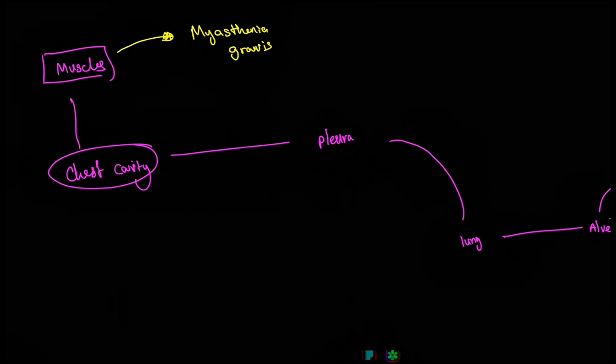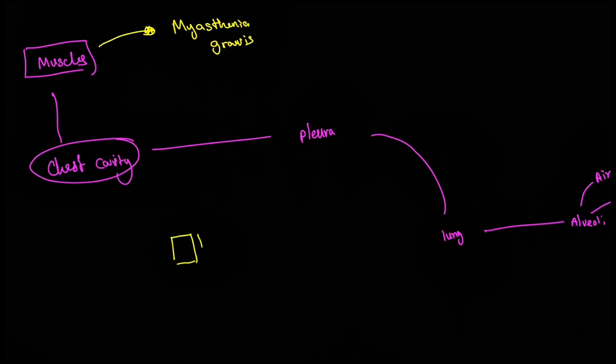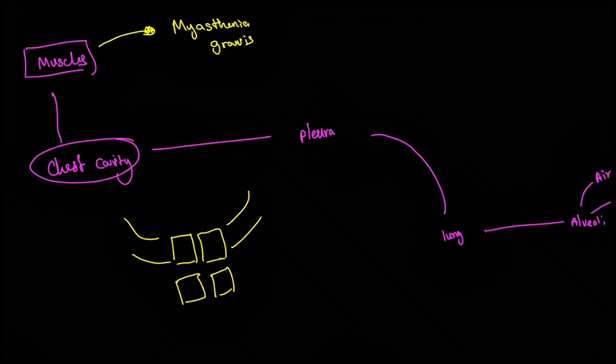We have the abdominal recti, which pulls the lower ribs. We have the abdominal muscles here. When they contract, they try to pull the ribs downwards.